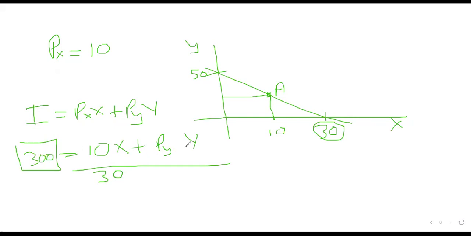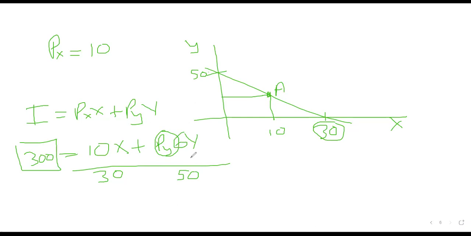It is cutting the Y-axis at 50, but we don't know the price of Y. So we divide 50 into 300, and this gives us 6. So the price of Y is 6 kwacha.